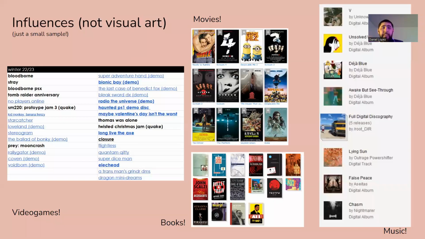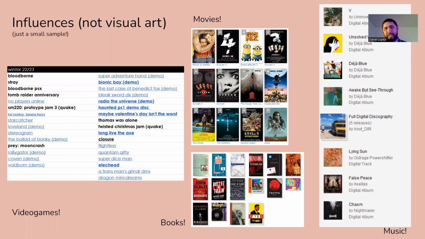So here are my non-visual art influences. Video games, I'm really into video games. However, I'm much more into smaller indie video games. First of all, because they're usually weirder, they're shorter, which is a good thing, and cheaper.